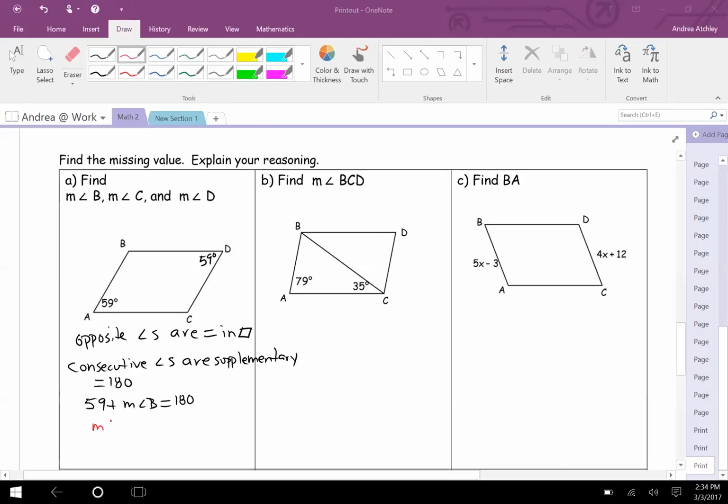So the measure of angle B equals 121. That makes the measure of angle C also 121. So those are opposite angles as well. Any questions over that?